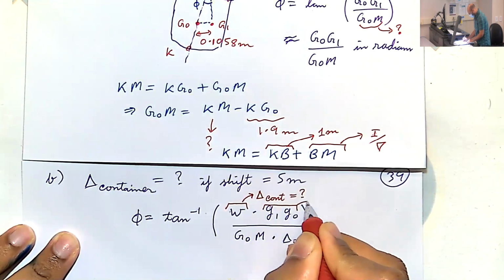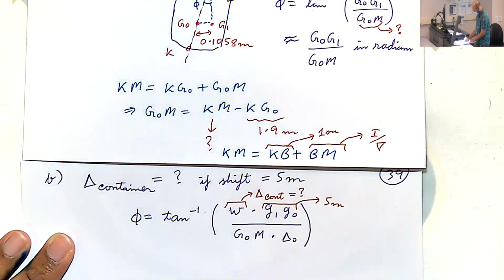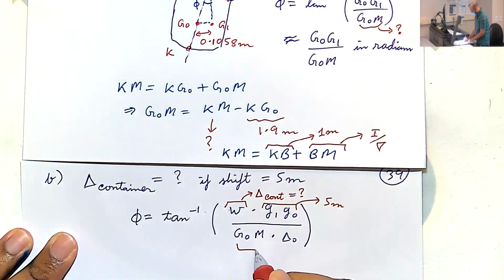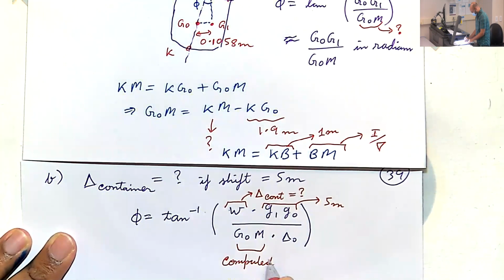G0G1 is given, this is 5 meters. G0M we computed in part A. What is delta 0?